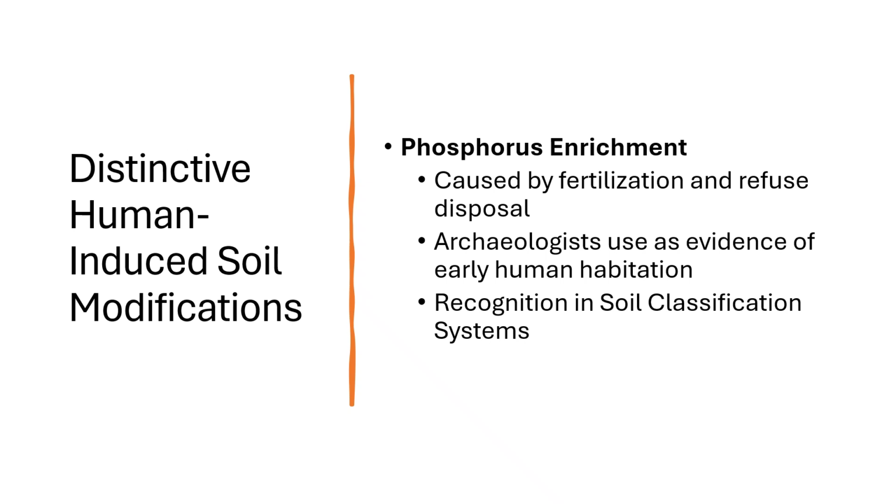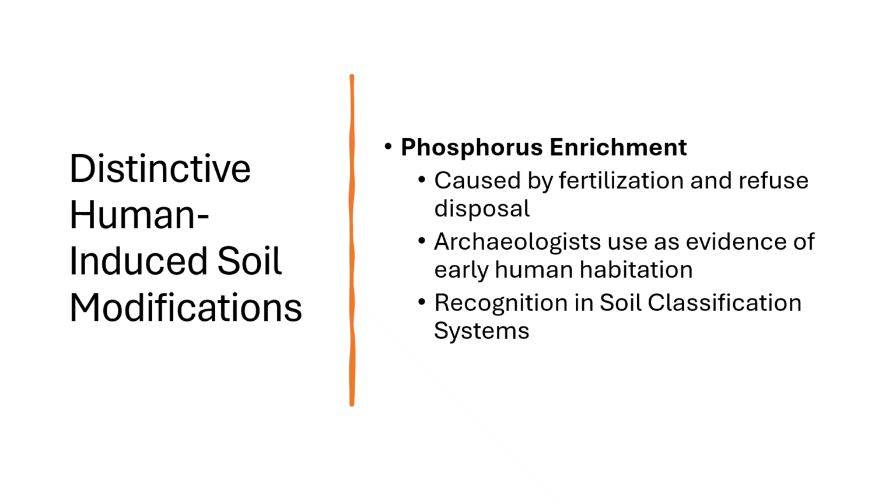One of the most fascinating and historically significant ways humans distinctly modify soils is through phosphorus enrichment. That's a big talking point on the Chesapeake Bay, right? The phosphorus nutrient issues. We tend to accumulate phosphorus in the soils around us, largely through two primary activities: fertilization of our crops and gardens, and the disposal of refuse, essentially our waste.